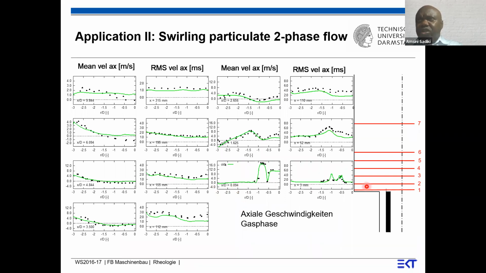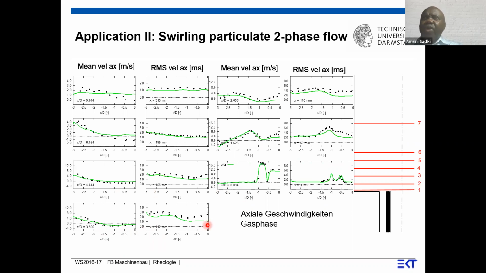At this position we are at 3 millimeter, and here 52 millimeter, 110 millimeter, and it is exactly what we have here also: 112 millimeter and also 155 millimeter.